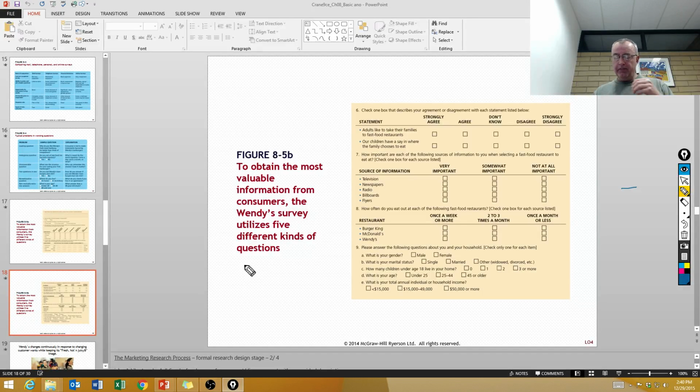And a field experiment is when the marketer takes their product out into a real life situation, and they see what the response of customers is to the product. And there's a good example of a field experiment in the book regarding Walmart.